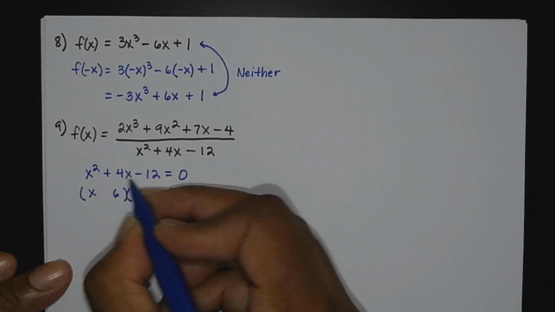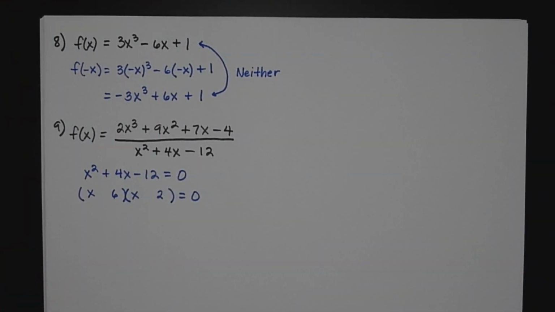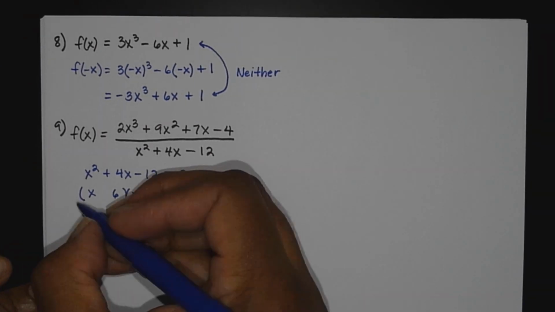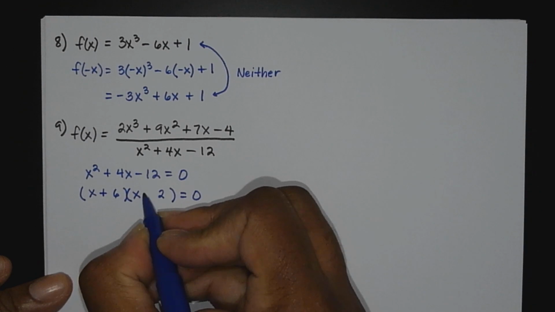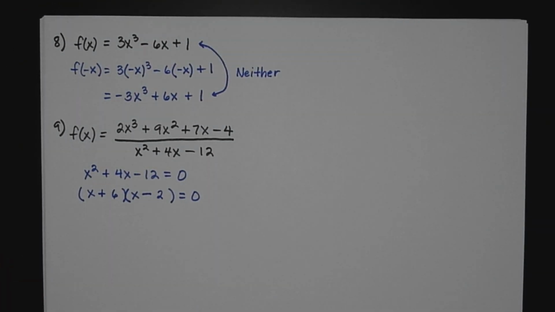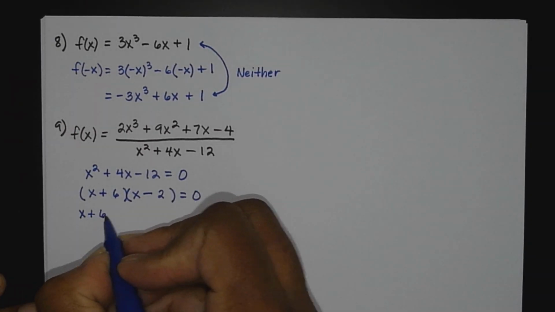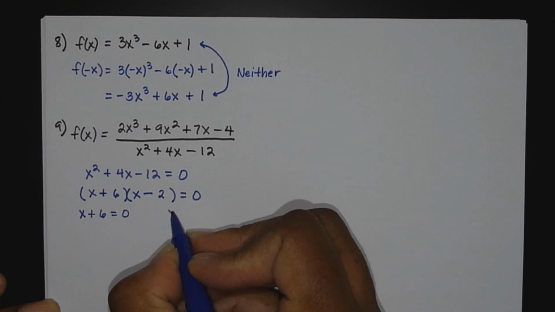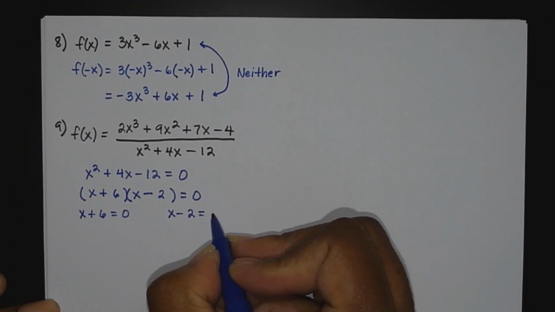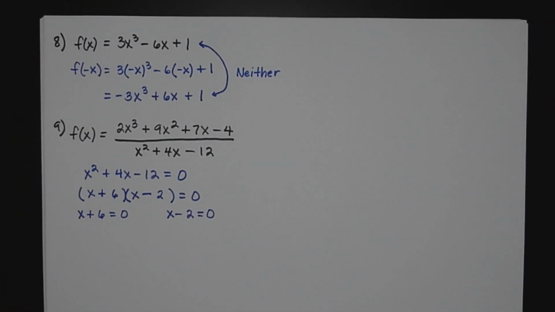Since one of them is plus and the other is minus, the larger of the two factors has to take the sign of the middle term. So the 6 has to be plus, the 2 has to be minus. So I have x plus 6 times x minus 2 equal to 0. Then we set each binomial factor equal to 0: x plus 6 is equal to 0, and x minus 2 is equal to 0.